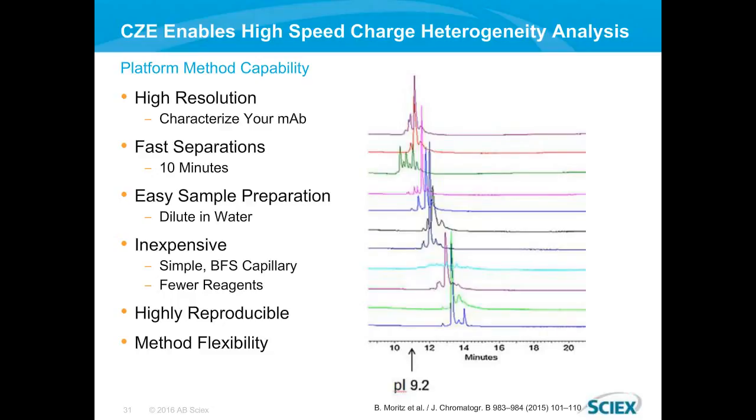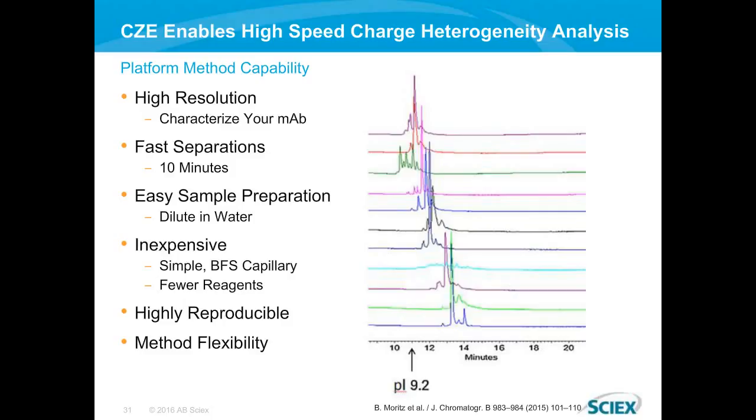The sample prep is another huge bonus for CZE as opposed to CIEF. It's really, really simple. You just dilute your sample in water and inject it into the system. It's pretty much that simple. Again, you don't have to deal with all of the ampholytes and extensive sample prep that comes with CIEF analysis. It's much, much easier to deal with and handle.